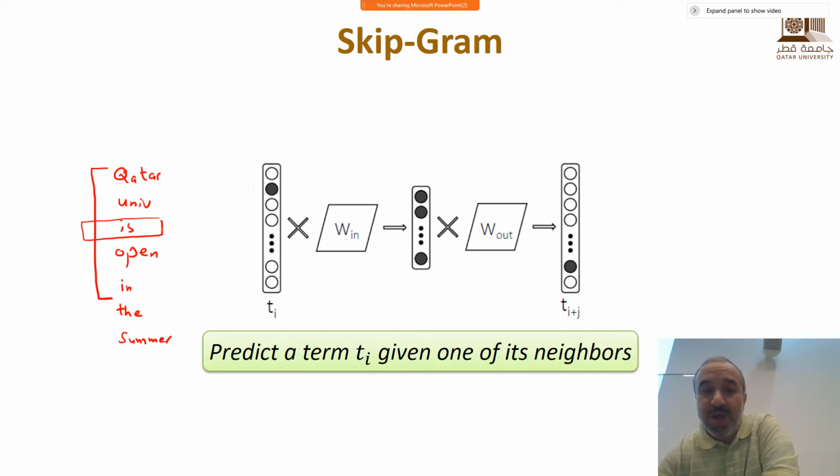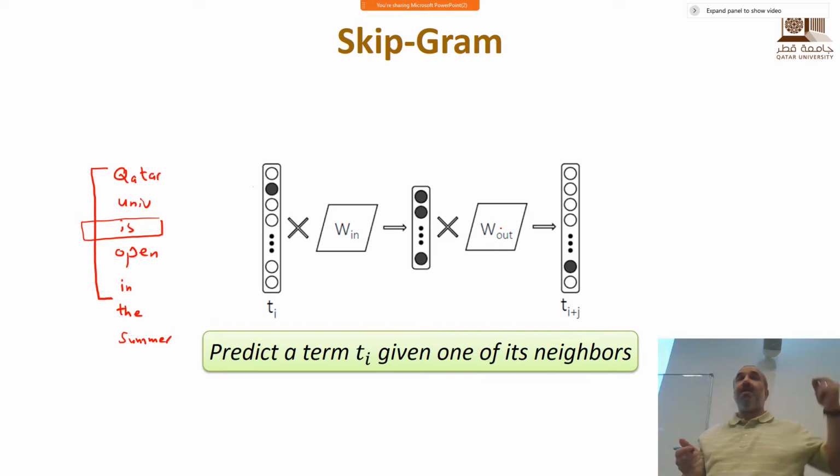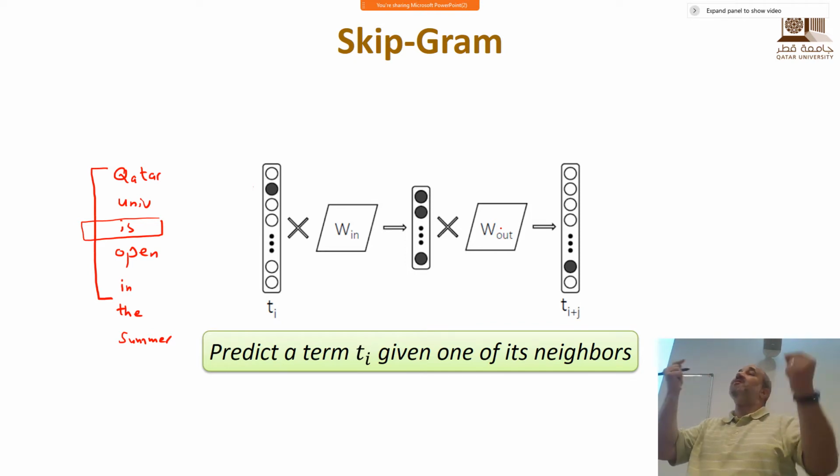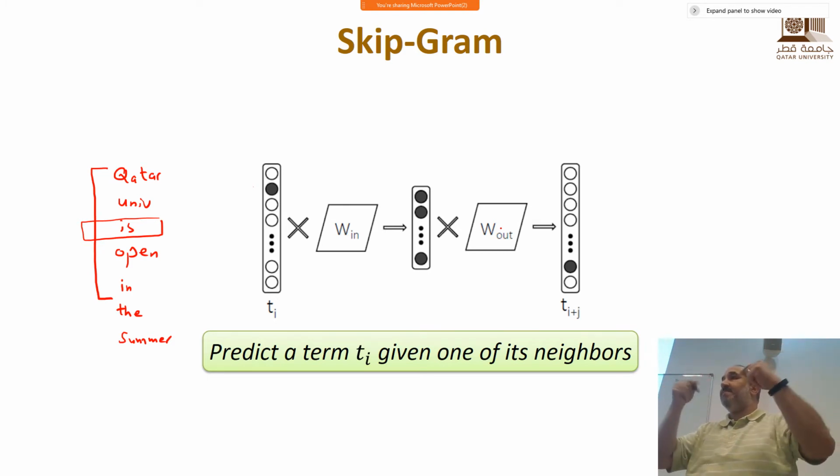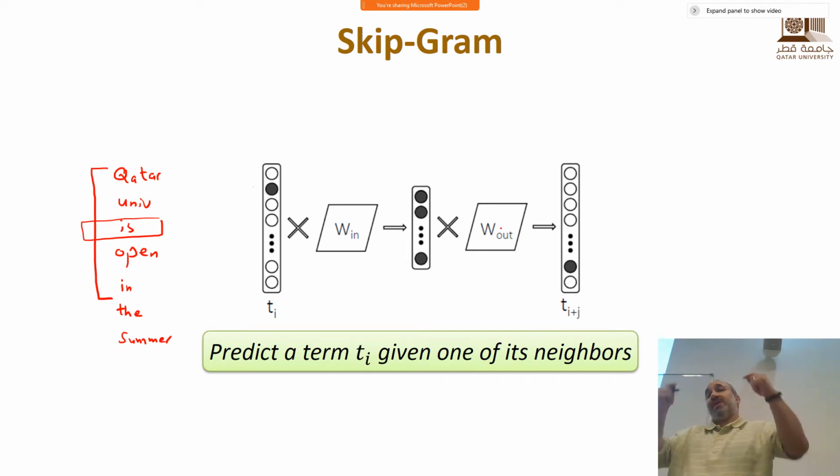So "is" will be the input, and each of these 4 words will be the output, because the task that I want to learn is, given one word in a context, predict another word in the same context. Okay, give me another word in the same context. Or in other words, learn the embeddings that will make these 2 words similar, because they appear in similar contexts, right?